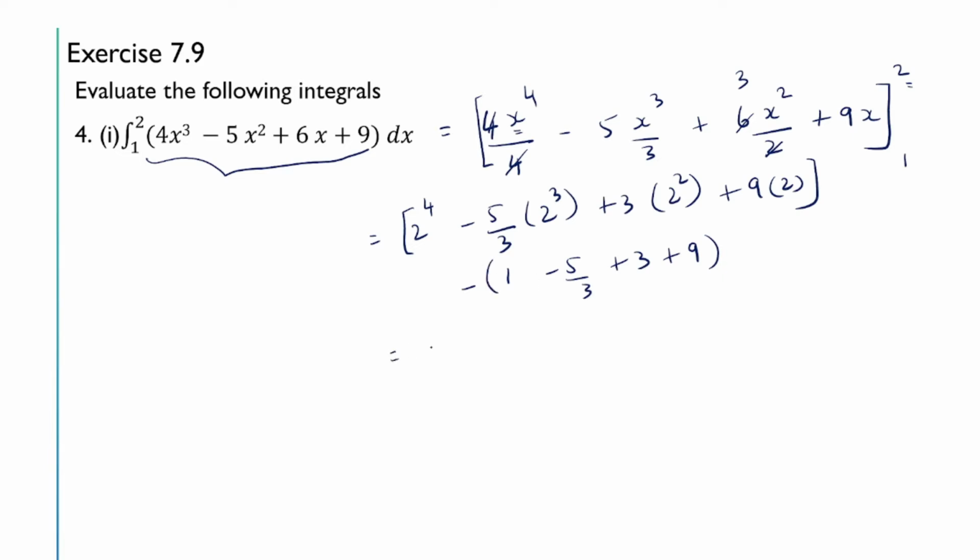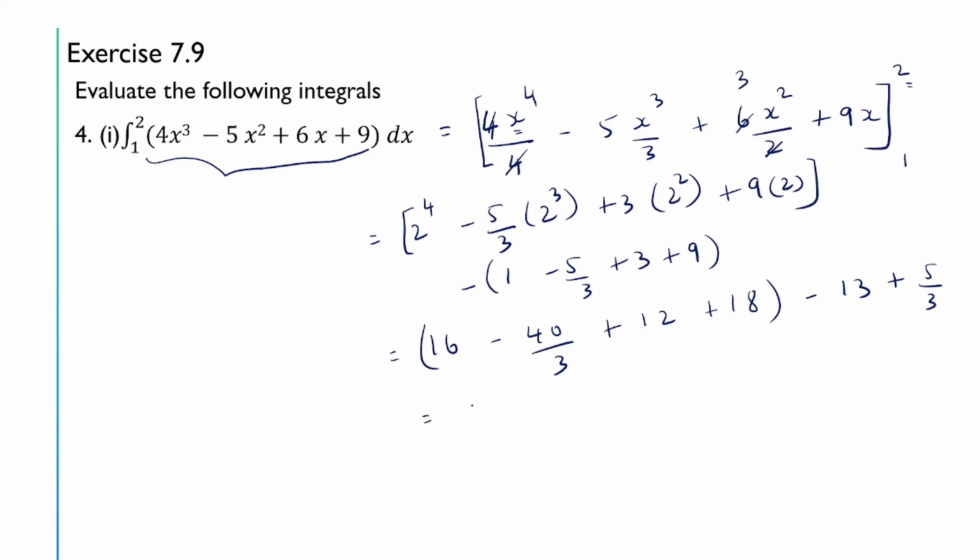Or this is equal to 16 minus 40 by 3 plus 12 plus 18, and here minus of, here 9 plus 1 is 10, plus 3 is 13, so it is minus 13 plus 5 by 3.